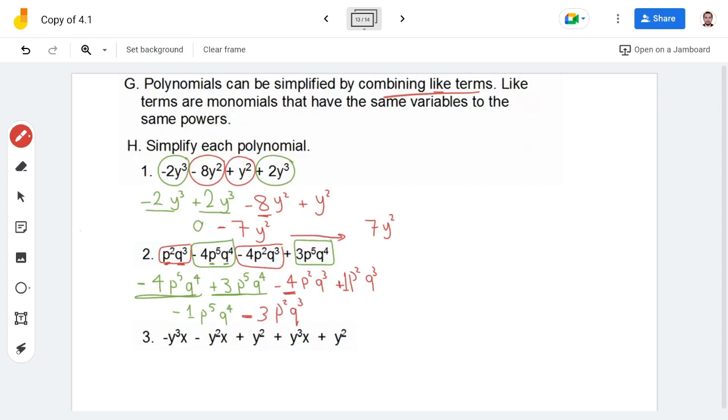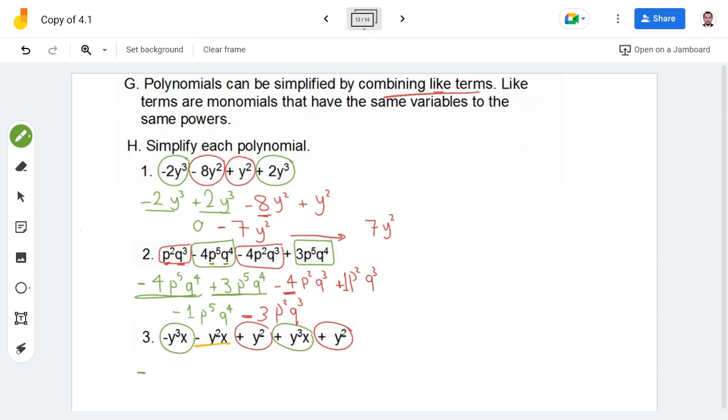Okay, let's do the last one, just to finish this question here fast. So as you can see here, we have y to the power of 2, y to the power of 2. We have y to the power of 3, y to the power of 3. This one here has no friend, so just keep it beside. Now let's start with the green one.